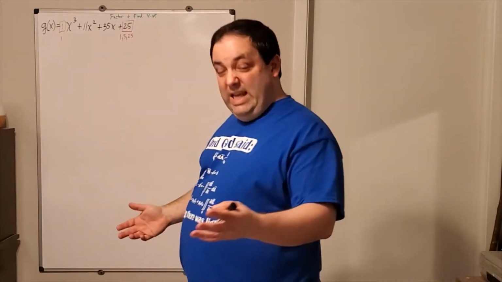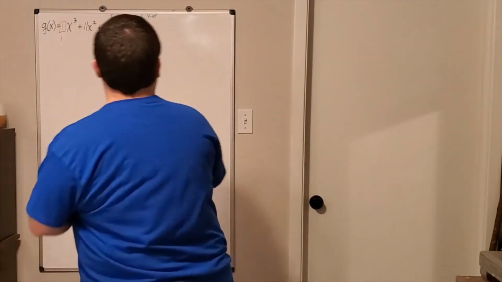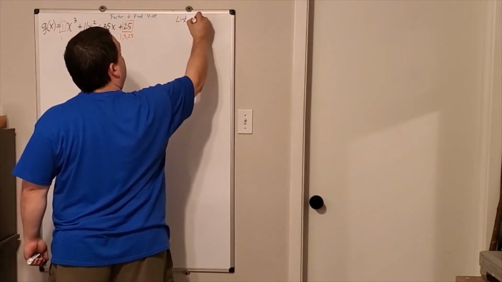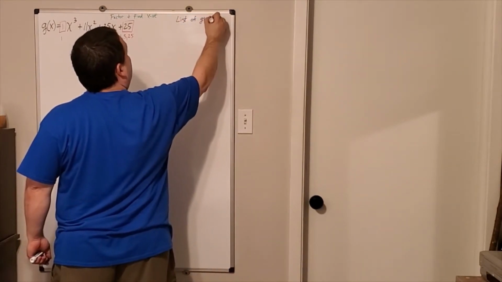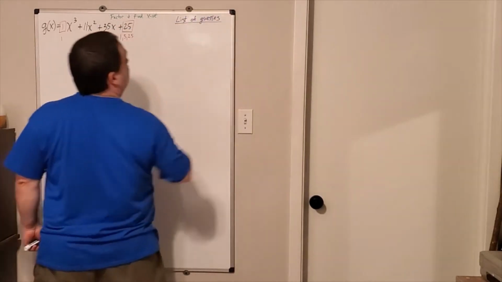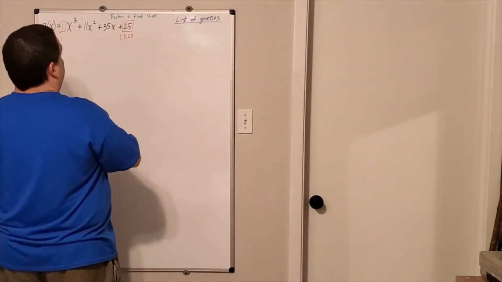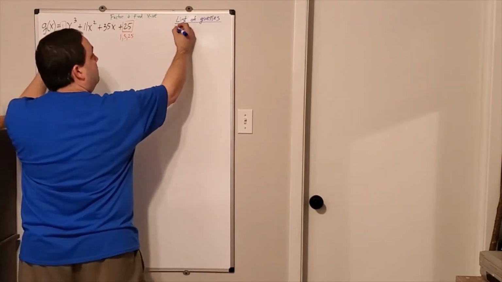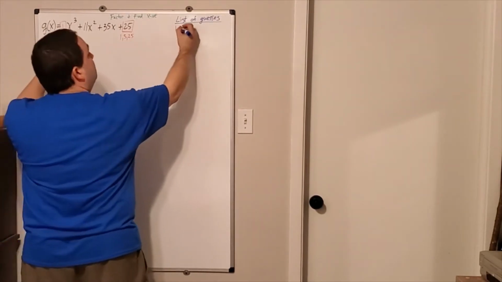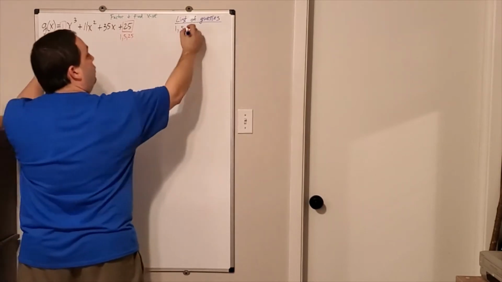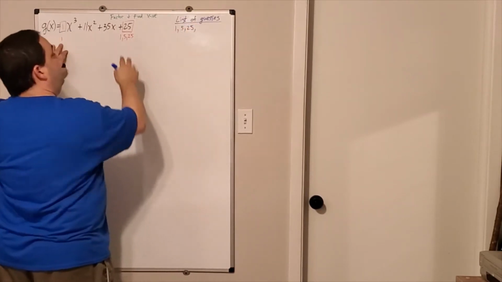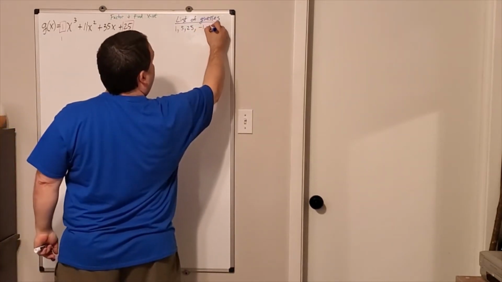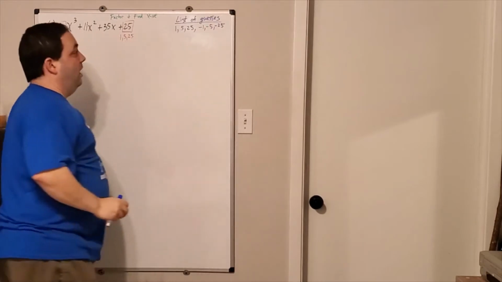So to make my list of guesses, I would have to do Q over P. So that's 1 over 1, 5 over 1, 25 over 1. And then also, don't forget, we can do all the negatives. So that would be negative 1, negative 5, negative 25.